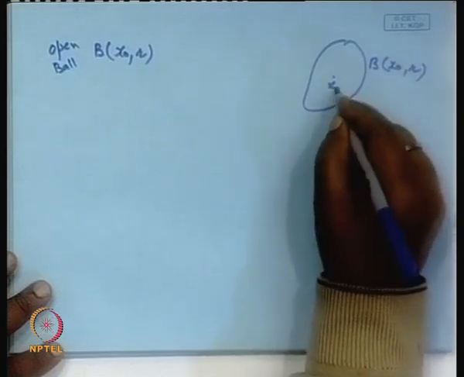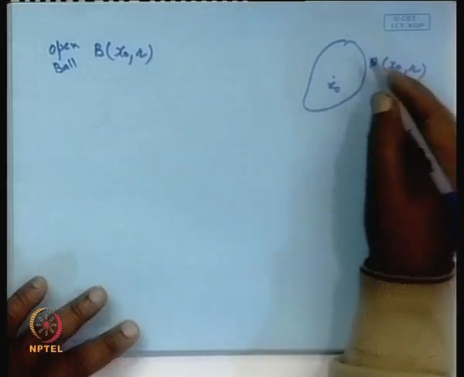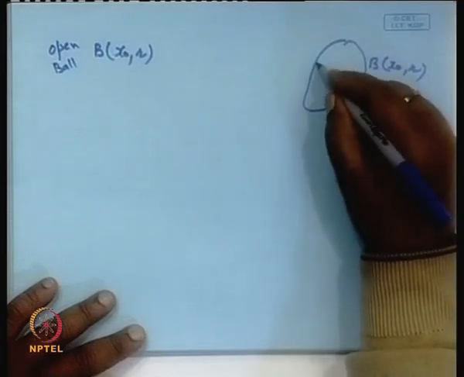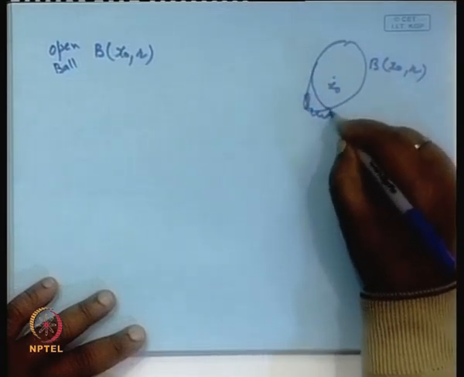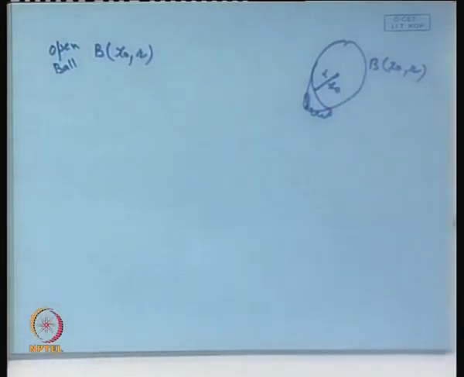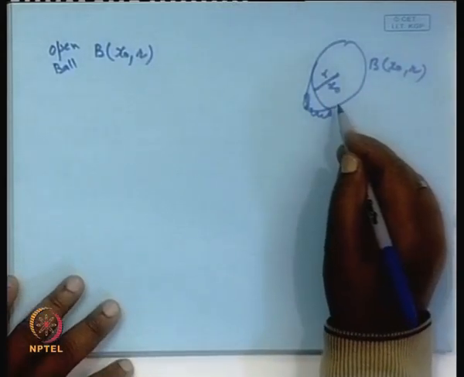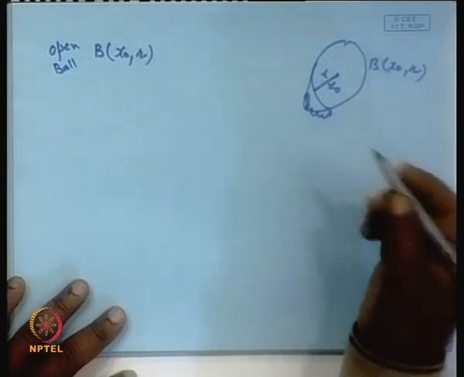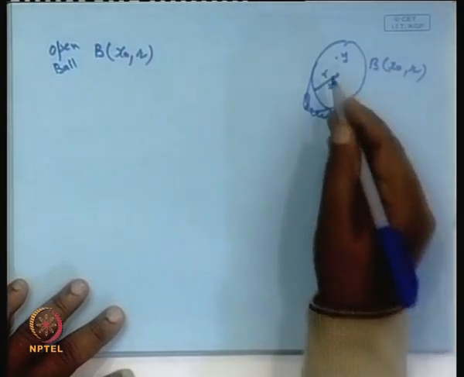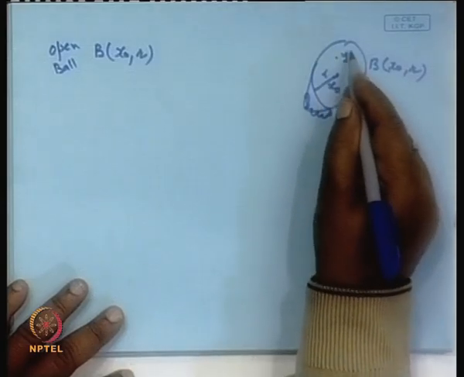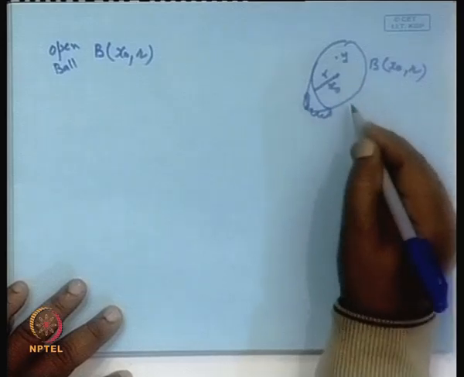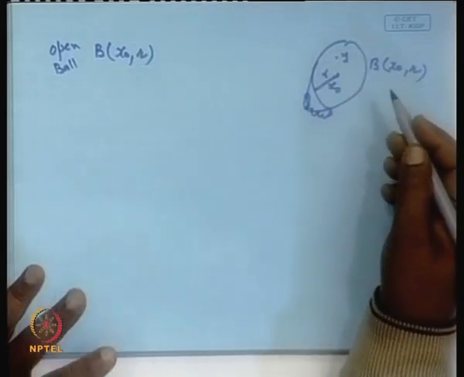Here is the point x naught, and this is our ball. Of course, this radius is r. We wanted this to be an open set. So, it means if we take any arbitrary point y here, then around y, if we are able to draw an open ball which is totally contained inside it, then we say each ball is an open set.